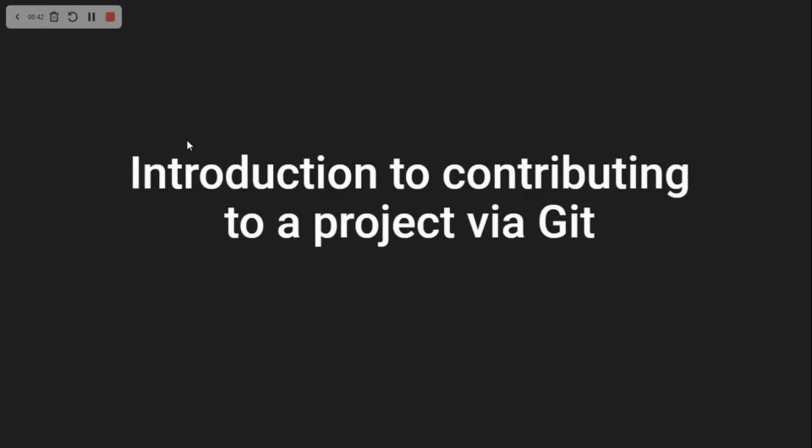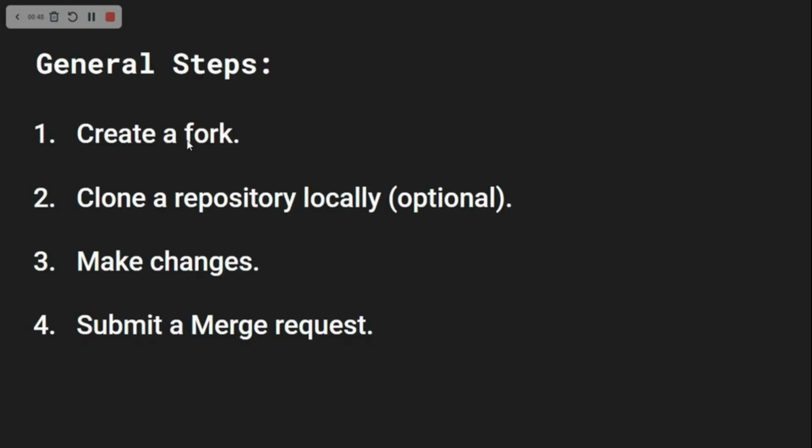In general terms, this lesson is an introduction to contributing to a project via Git. The general steps are: first, create a fork; second, clone a repository locally. This is an optional step, but optional just for making your assignment in this lesson, because you can accomplish your assignment without cloning a repository on your machine.